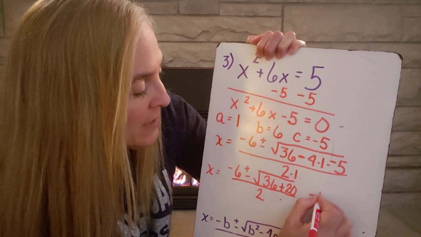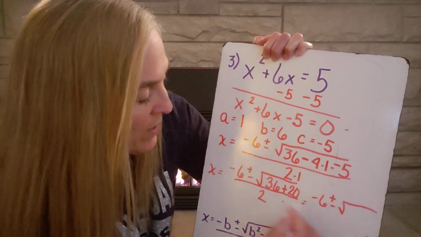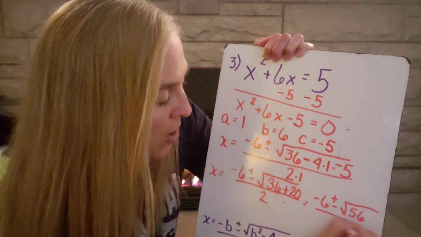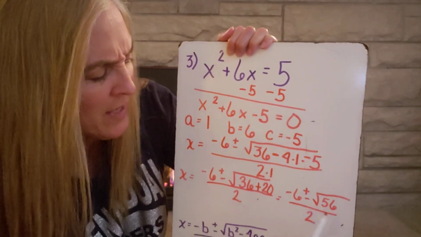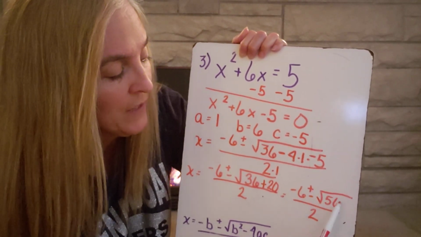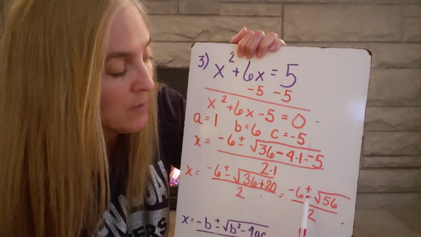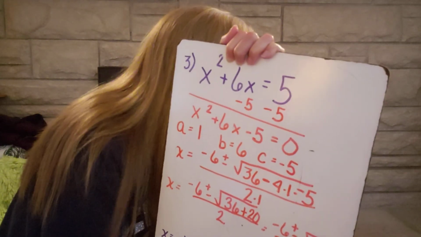And negative 6, add or subtract the square root of, when you combine those, you get 56, all over 2. I typed this into the calculator, negative 6 plus the square root of 56, hit enter, divided by 2, and then I typed negative 6 minus the square root of 56. I divided that by 2.